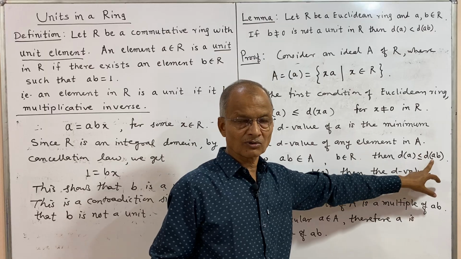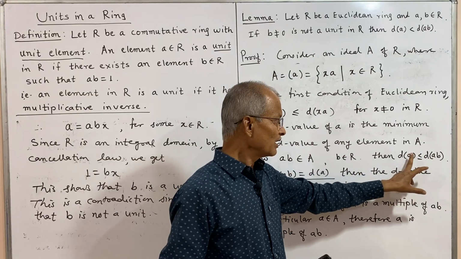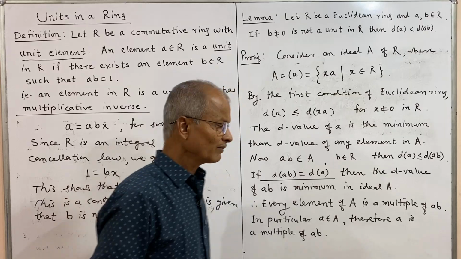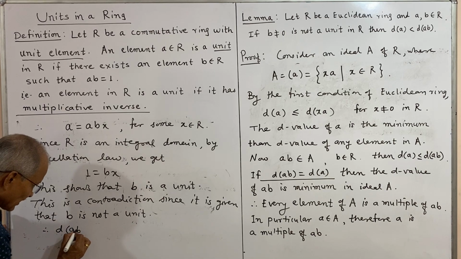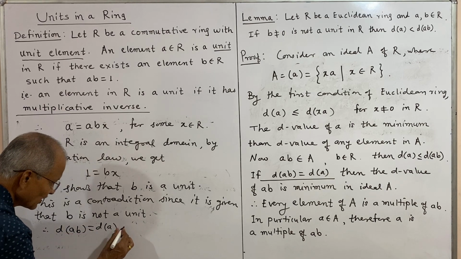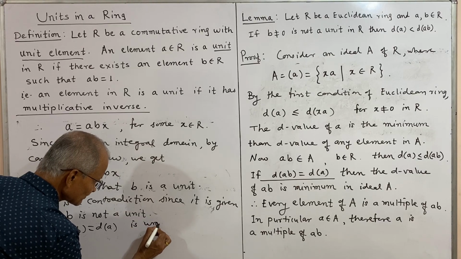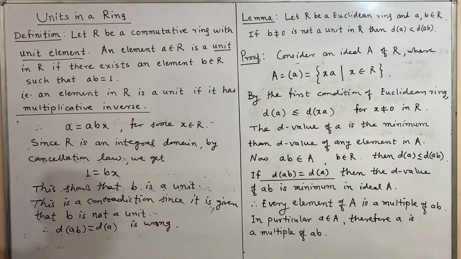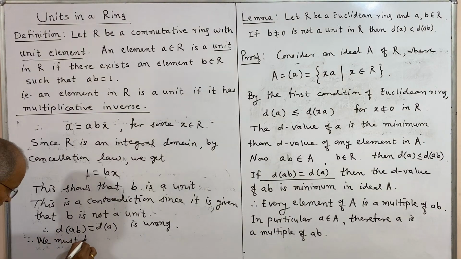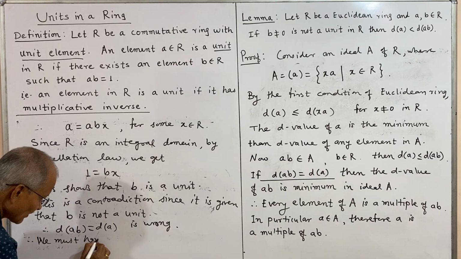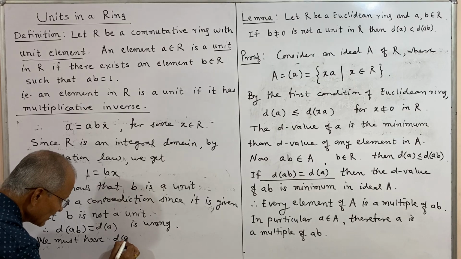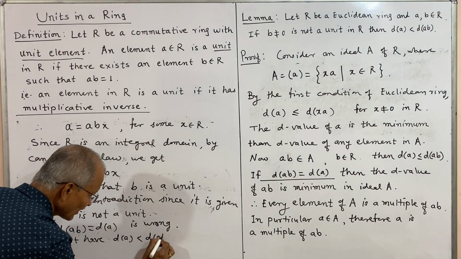D of A is not equal to d of AB. Means what remains? D of A is strictly less than d of AB. Our supposition is wrong, and thus we must have d of AB greater than d of A, or d of A is strictly less than d of AB.